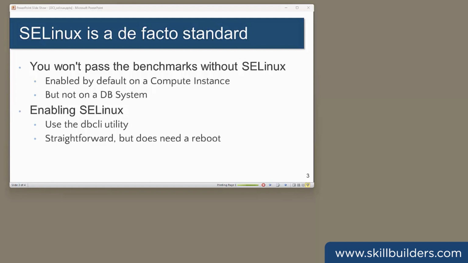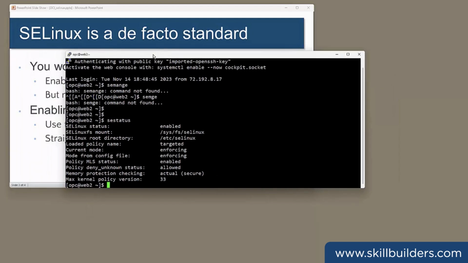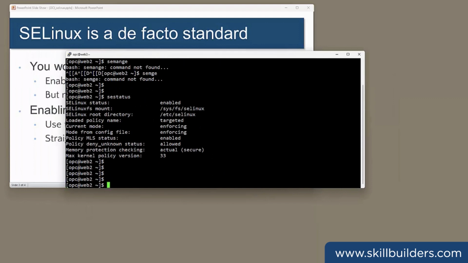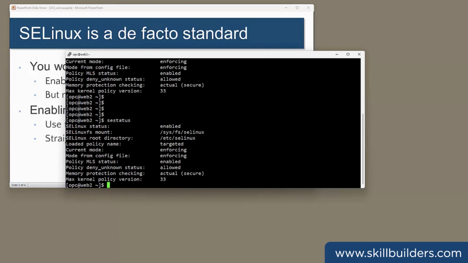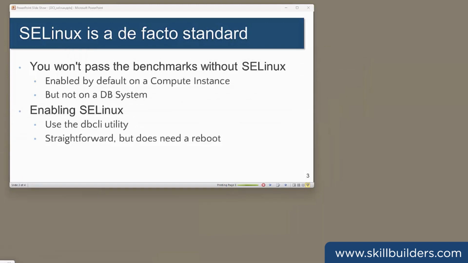On a compute instance, no problem. See this compute instance here. SELinux is enabled by default in enforcing mode. That's what you want. And an OCI compute instance is doing just that. The problem is with your DB system nodes.